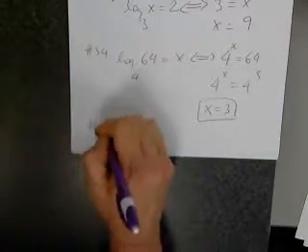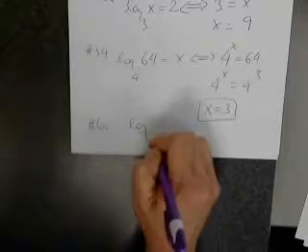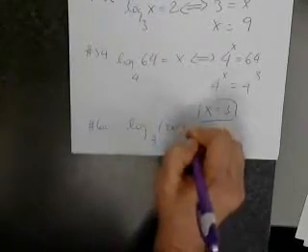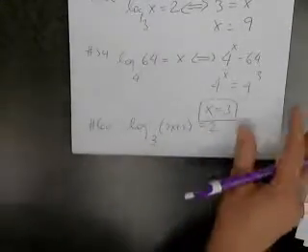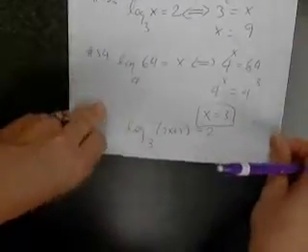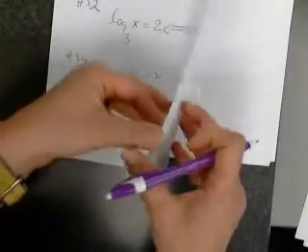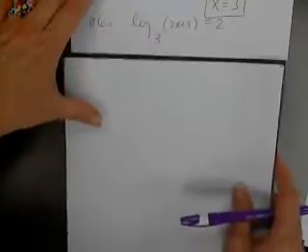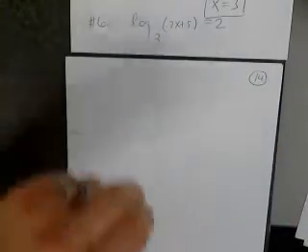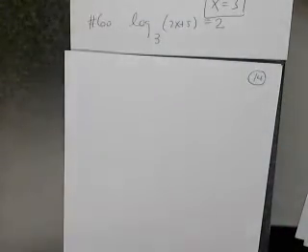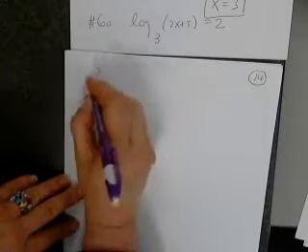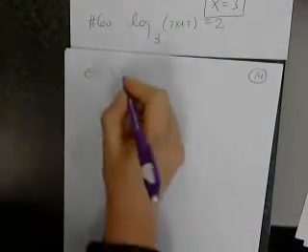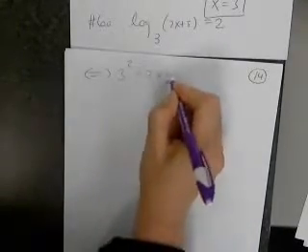60. Log base 3 of 2x plus 5 equals 2. And this is equivalent to 3 squared equals 2x plus 5.